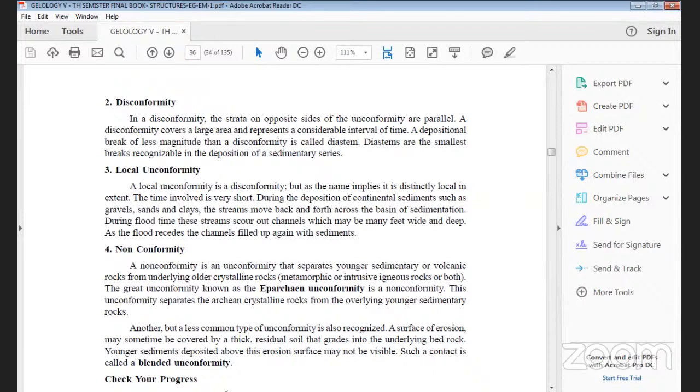During the deposition of continental sediments such as gravels, sands, and clays, the stream moves back and forth across the basin of sedimentation. During flood time, the streams cut out scores of channels, which may be wide and deep. As the flood recedes, the channels fill up again with sediment.